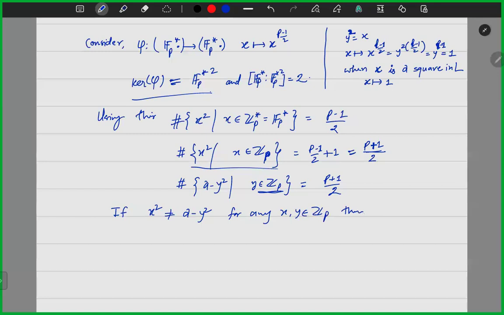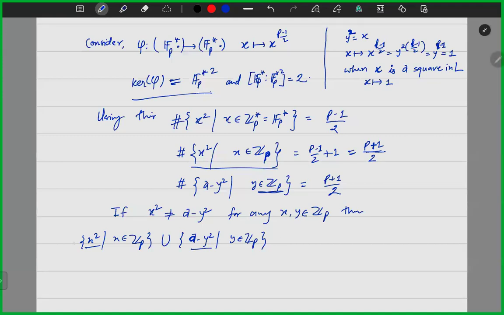Then the union of x square, x belonging to Zp, with a minus y square, y belonging to Zp, because these elements are distinct, no matching happening. Every x square is different, a minus y square is also different, they are not matching.